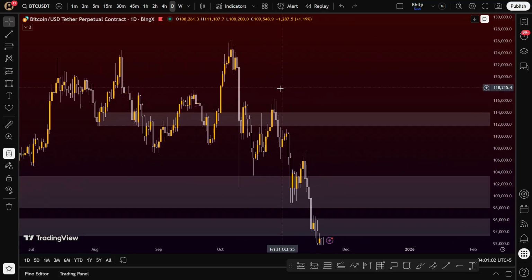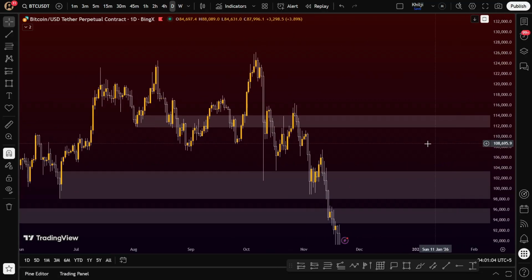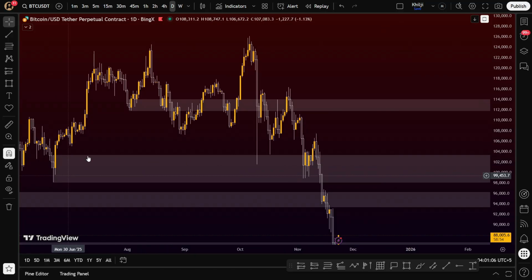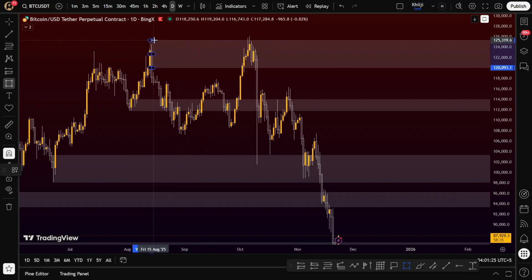So these are bullish order blocks, right? And in case of bearish examples, we will have the last up candle before a down move. In this case, we have this one. This was the last up candle before a down move, so this is also an order block.